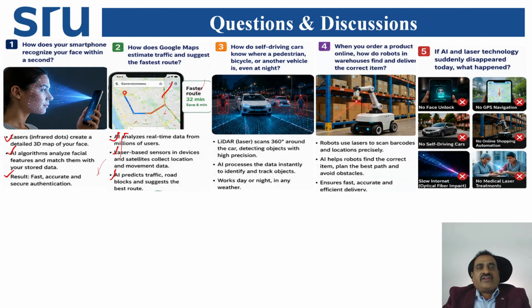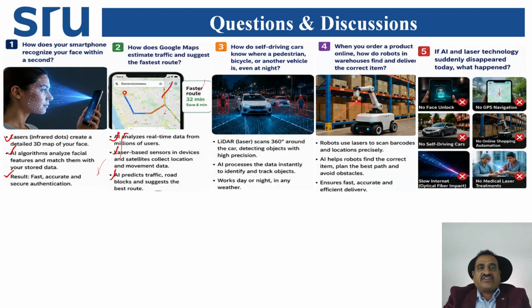So many technologies that we take for granted would be affected, from advanced sensing and optical communication to automated vehicles, automation, and some medical and industrial applications. We could not even use face unlock.